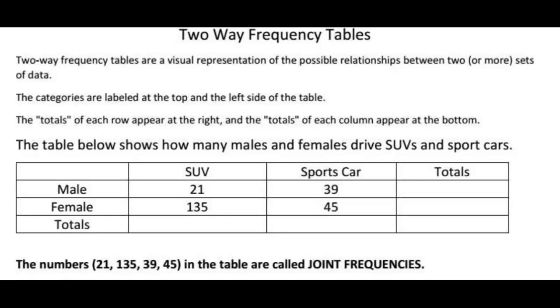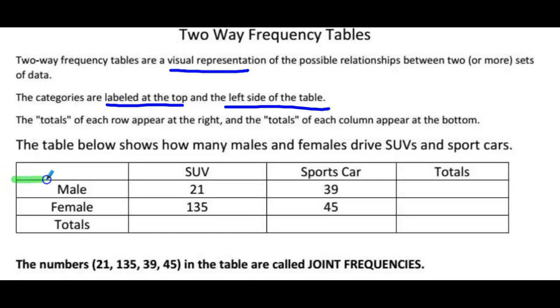A two-way frequency table is a visual representation of the possible relationships between two or more sets of data. There are categories, and they're labeled at the top and the left side of the table. So in front of you, there is a table.